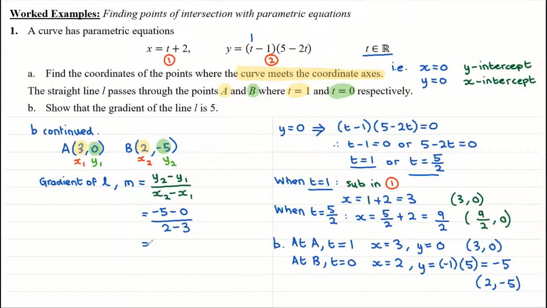So this is going to equal negative 5 over negative 1, which does indeed equal 5 as required. All right, so by substituting in a few key values of t, we return to familiar coordinate geometry that you did probably in year 1 and perhaps even prior to year 1.